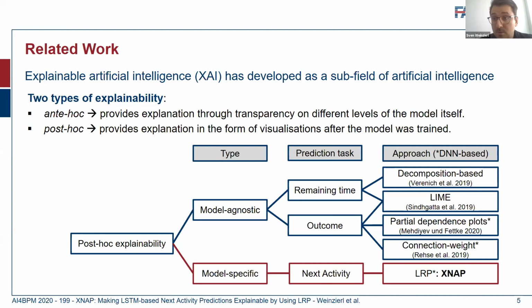In our paper, we propose LRP. LRP can be seen as a model-specific approach because it tries to explain the prediction by back propagating relevance through the model, and tries to derive an importance of the input attributes by the learned weights. But more details are following.